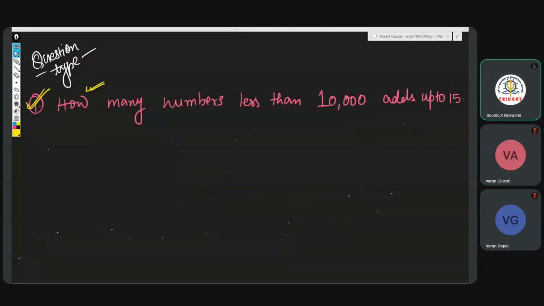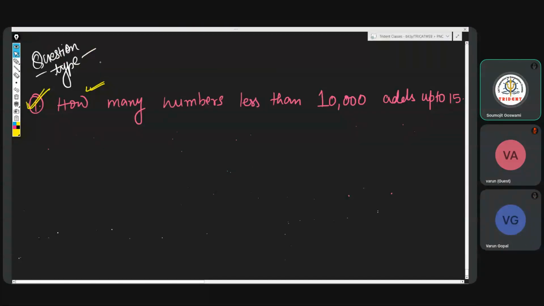Okay, I'm back. So do we have any answer? Adds up to 15. See, if ABCD is the number, A plus B plus C plus D should be 15, right?